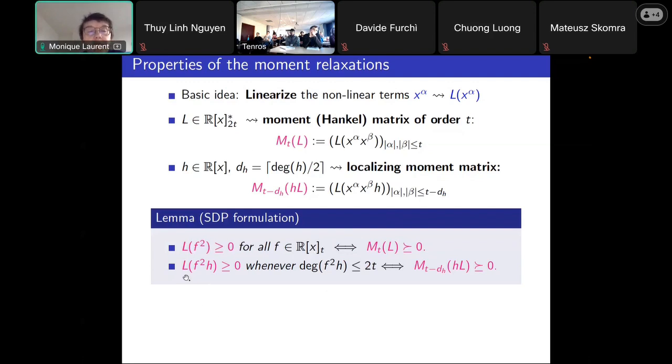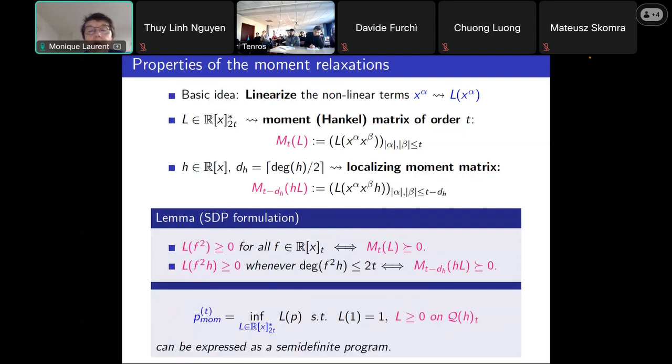And in the same way, testing whether L of F squared H is non-negative for all these degrees holds if and only if the localizing moment matrix is positive semi-definite. So in other words, what this lemma is telling us is that testing whether L is non-negative on the truncated quadratic module is equivalent to a bunch of positive semi-definite matrix constraints.